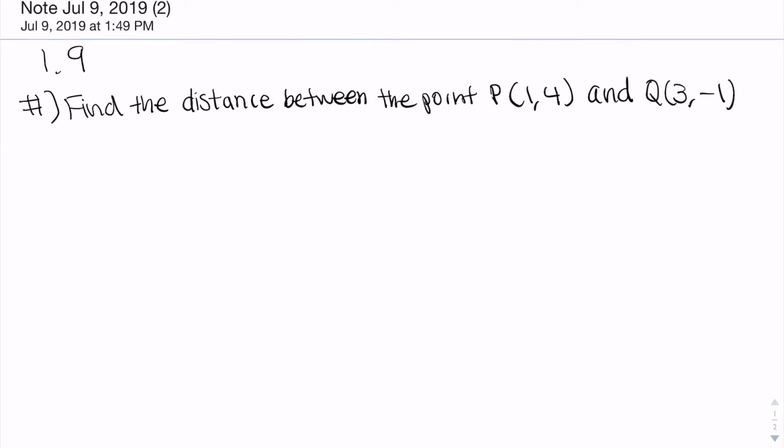So remember the distance formula, which is d equals the square root of x2 minus x1 squared plus y2 minus y1 squared.